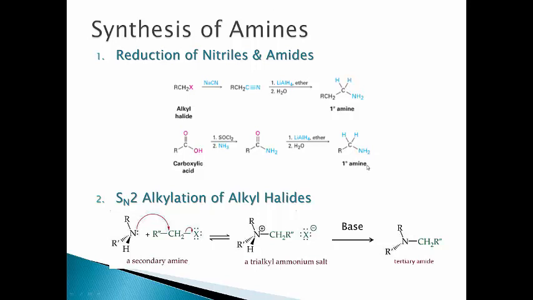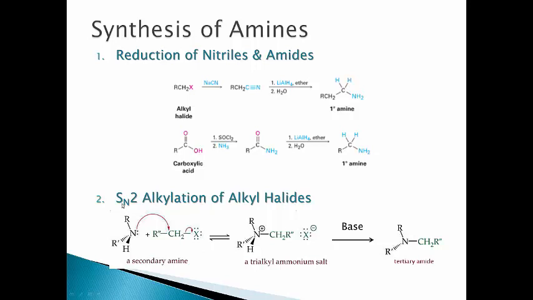So we would get a primary amine. Another way of making it is starting with carboxylic acid, using thionyl chloride to change it to a chlorine group, and then the chlorine group is replaced by an NH2 with just NH3. Then this can be reduced down to the primary amine.